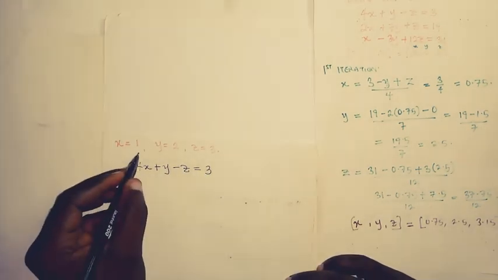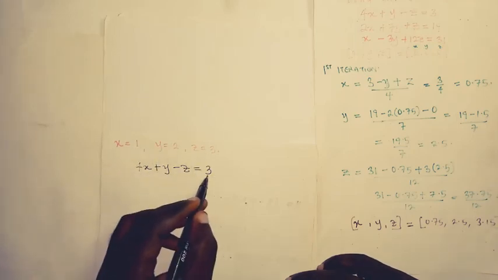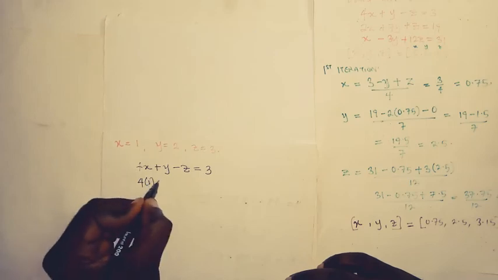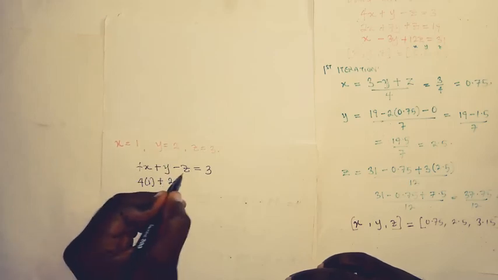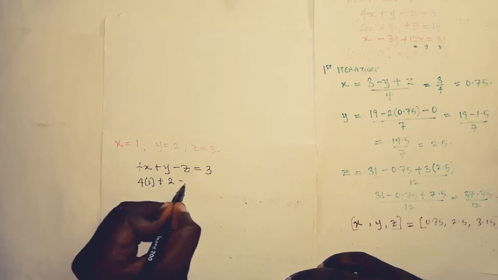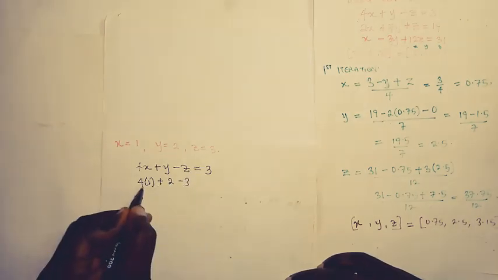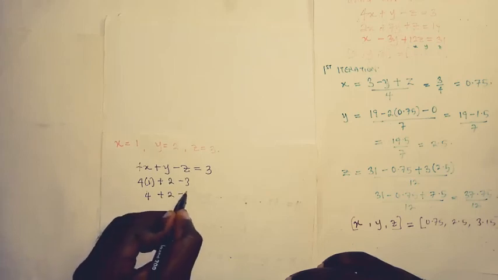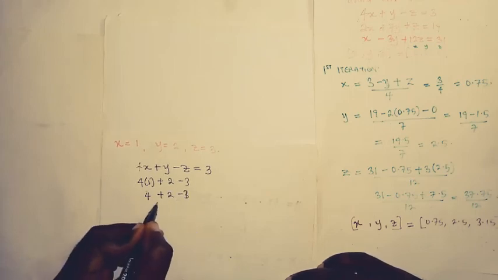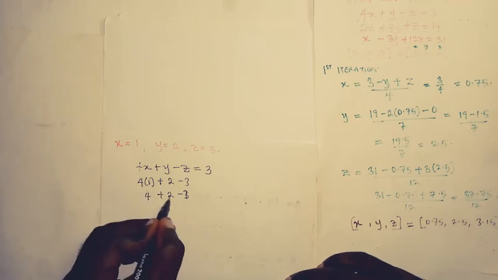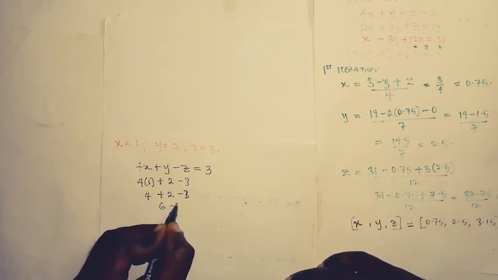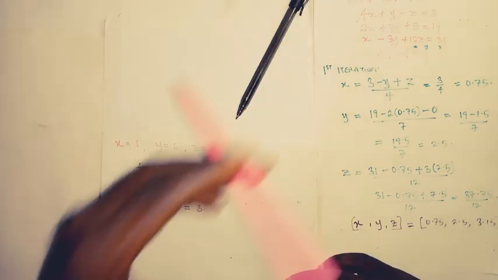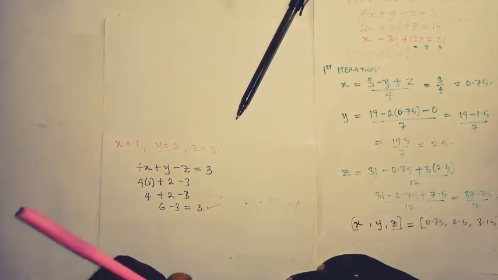So if I substitute all of these values here, am I going to get 3? Yes, I'm going to get 3, because if I say 4 into 1 plus y is now 2 minus z is now 3, what will I have? I have 4 multiplied by 1 will give me 4, plus 2 is 6. 6 minus 3 is going to give me a 3. And my solution pans out correct.